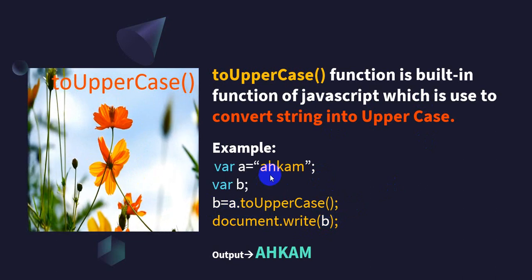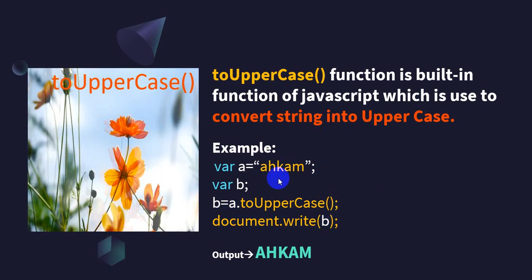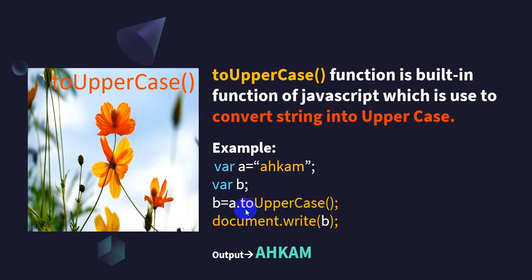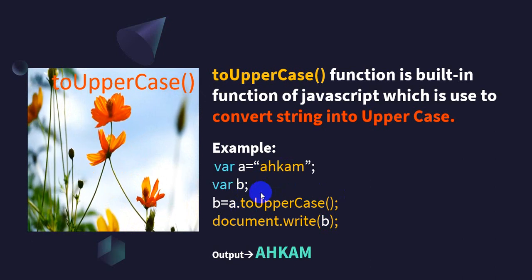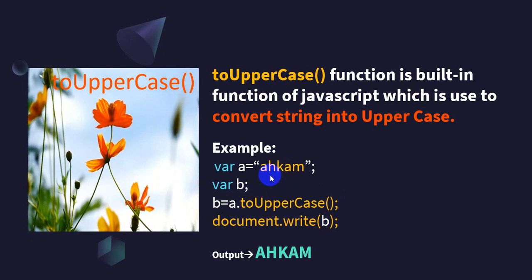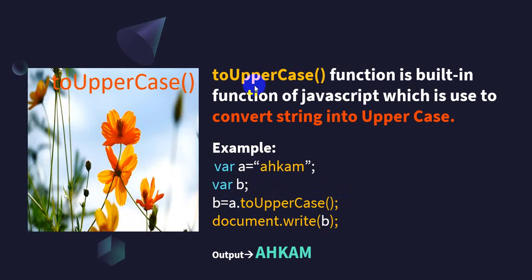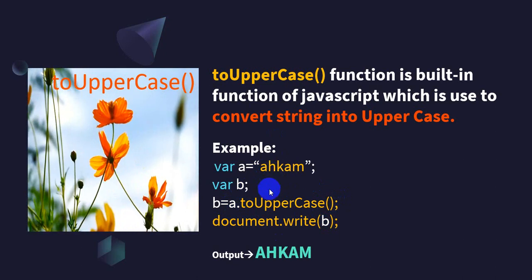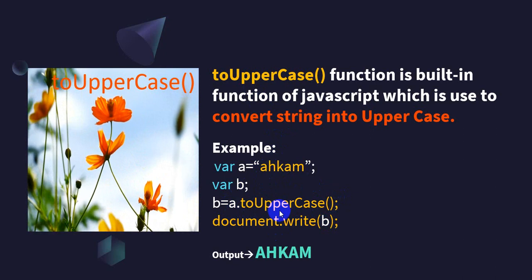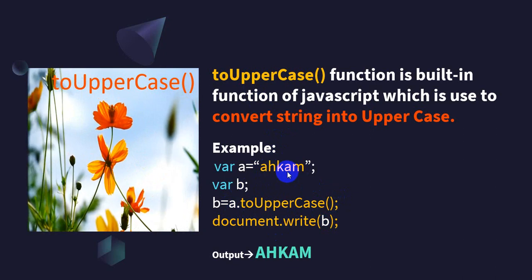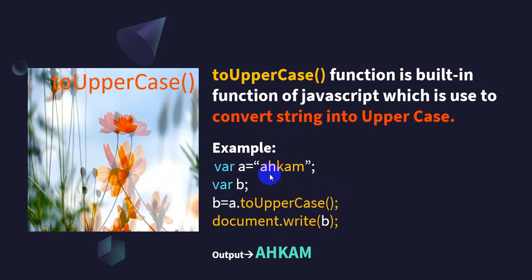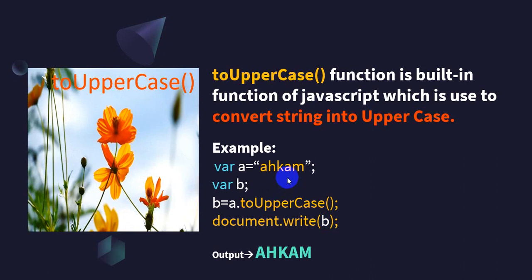Inside a you have a value called Ahkam, but by using this function a dot toUpperCase, it will convert this value into capital letters, because this function is used to convert a string. Because I have passed a string, this function will convert it into capital letters.